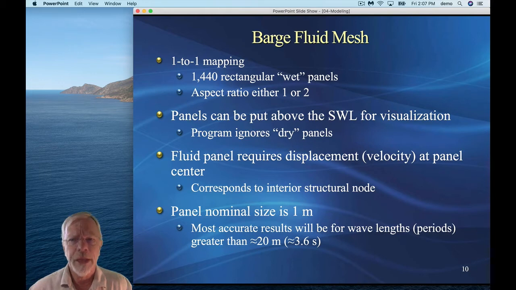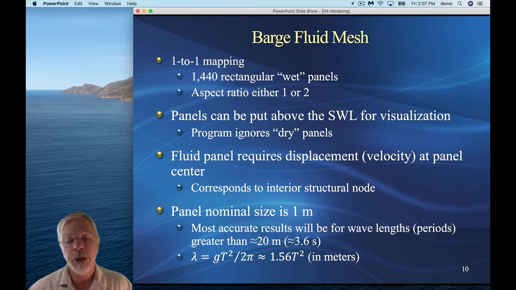But again, this was a benchmark problem, and we wanted to minimize the numerical errors. So we were saying that at 20 meters wavelength, we should get very, very good results.